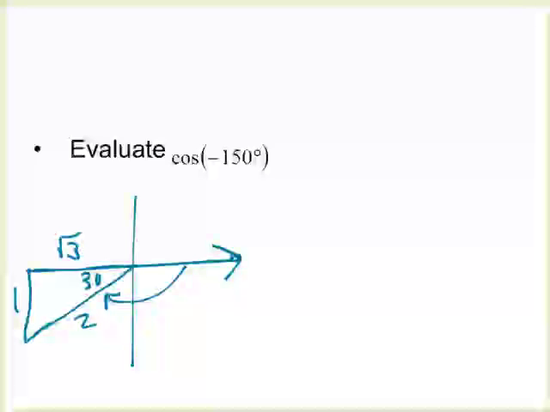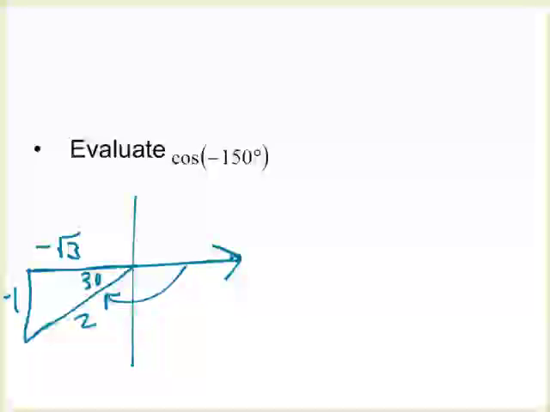Across from the 60 goes square root of 3. Is negative. So both of those need to be negative. Hypotenuse is always positive no matter what direction it looks like it's going.